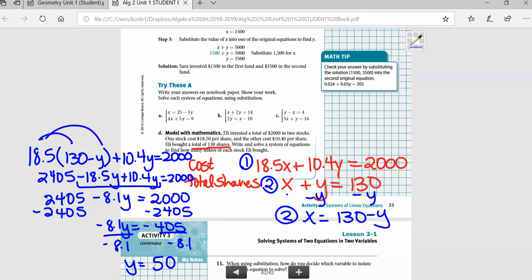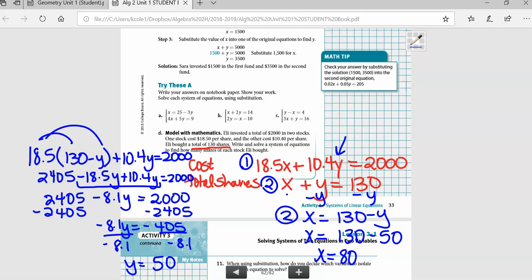So that means they had a total of 50 of the second shares, the y shares. Which means how many of the other shares do they have? To find that out, I simply plug in 50. 130 minus 50 is 80. 80 shares of the other type.